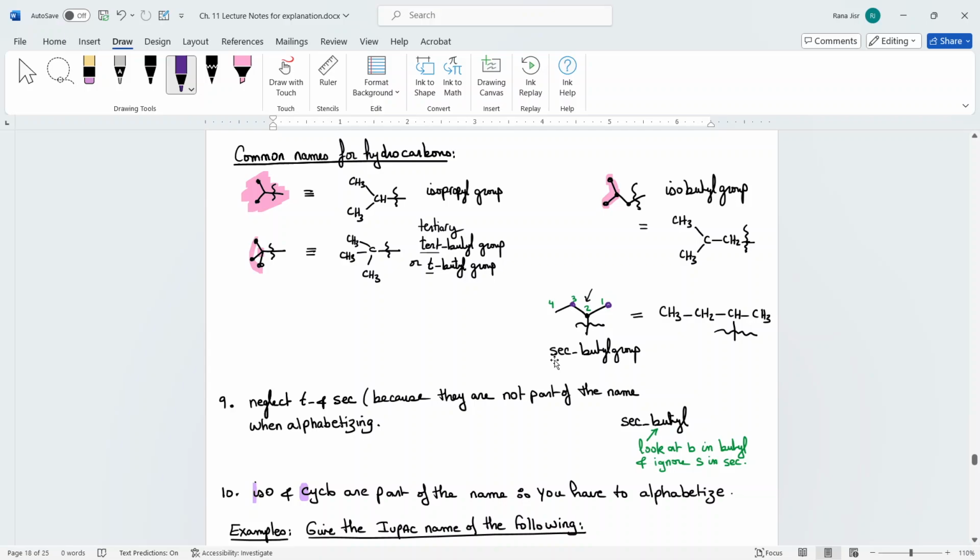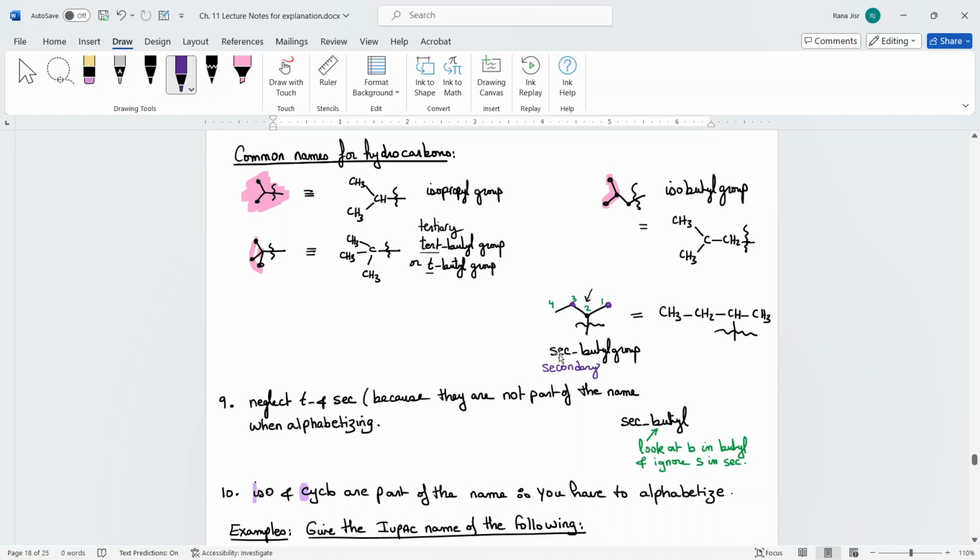Sec means secondary. So that is going to be a secondary butyl group there, and it's the same idea as the tertiary. You put a dash between the sec and the butyl. This means that the secondary is not part of the name.